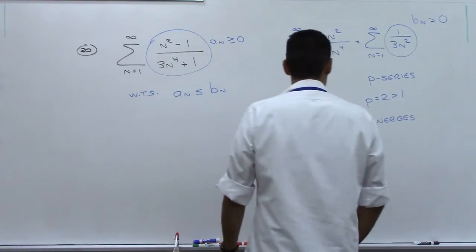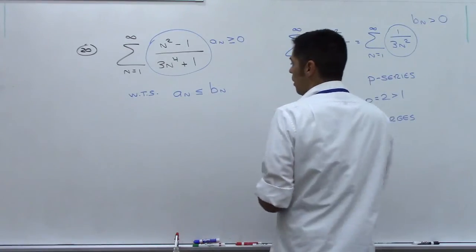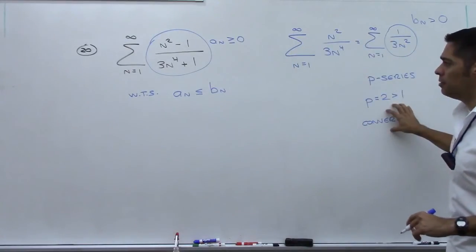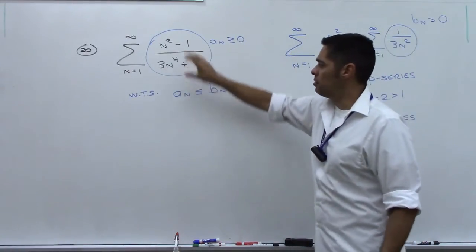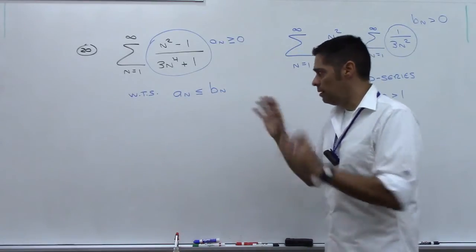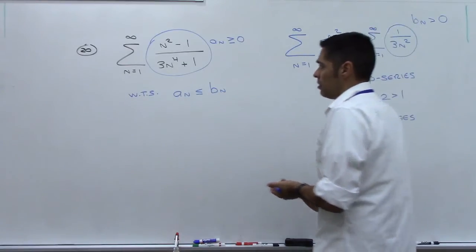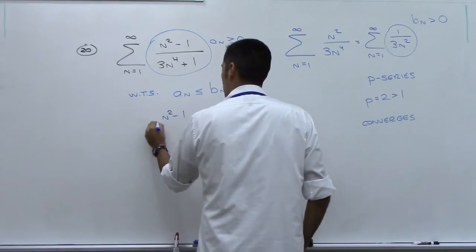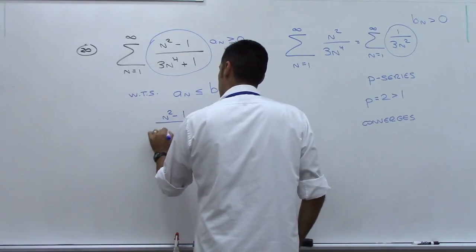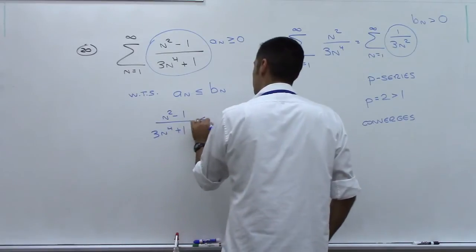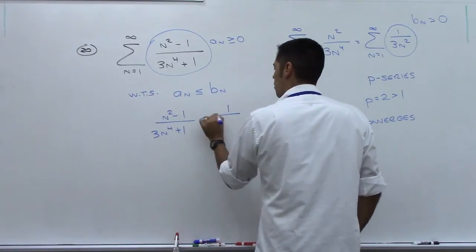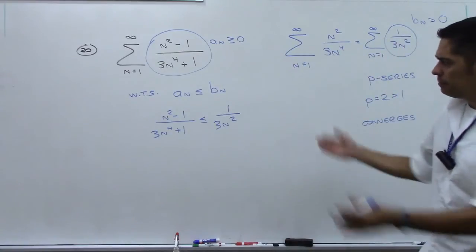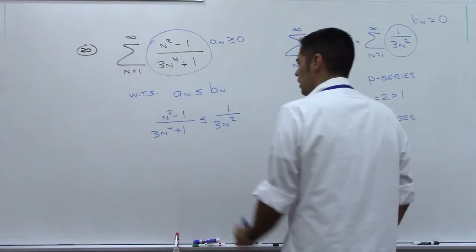So let me see if I can show that this is true. Remember, if all of these are adding up and converging to a number, then if my terms are smaller than or equal to these, then mine should add up to a number also. So I want to show that n squared minus 1 over 3n to the fourth plus 1 is less than or equal to 1 over 3n squared. Then I do some algebra here.